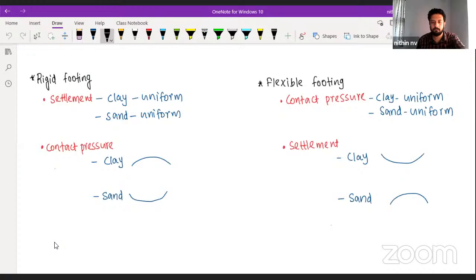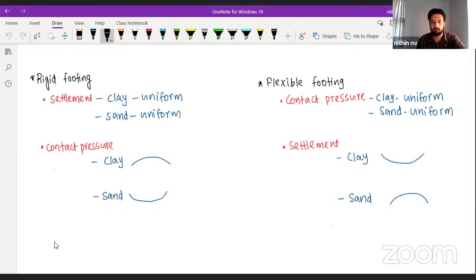It will be uniform settlement throughout, if it is a rigid footing. Then completely opposite for flexible, that will be different. How it is different, we are going to study. We have settlement as well as contact pressure. Settlement is uniform in rigid footing, so the opposite thing, contact pressure, will be uniform in flexible footing. Like that you can remember.